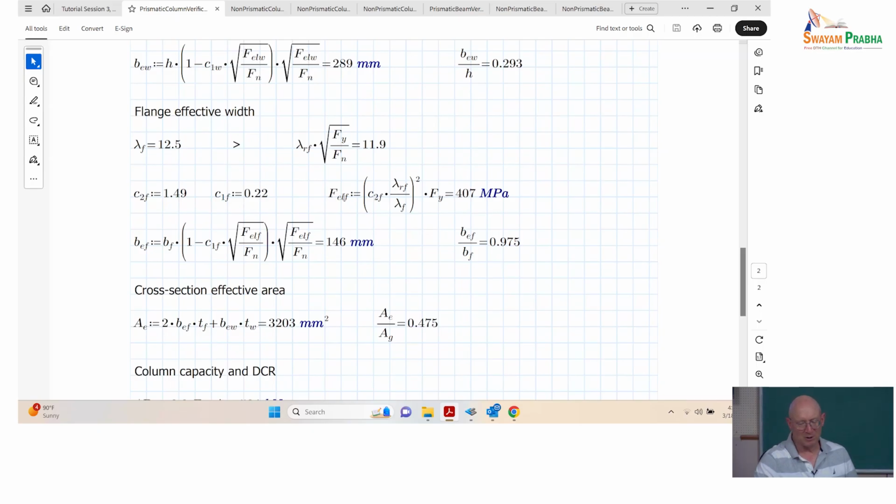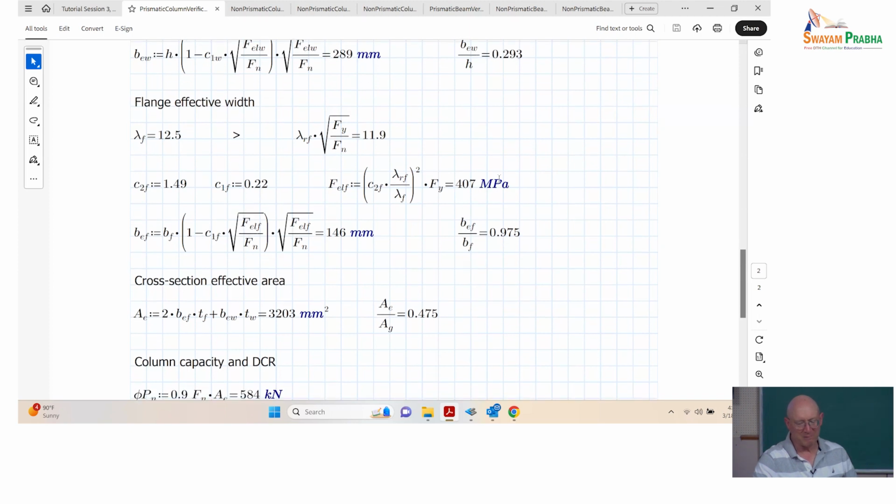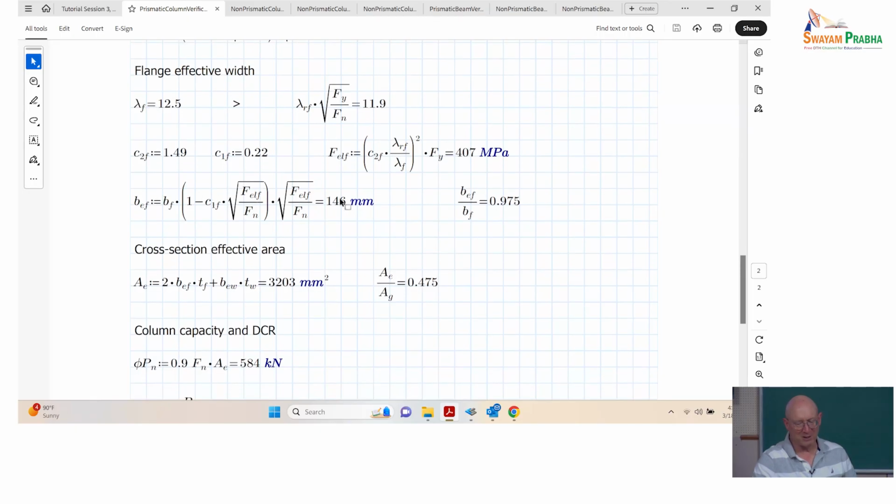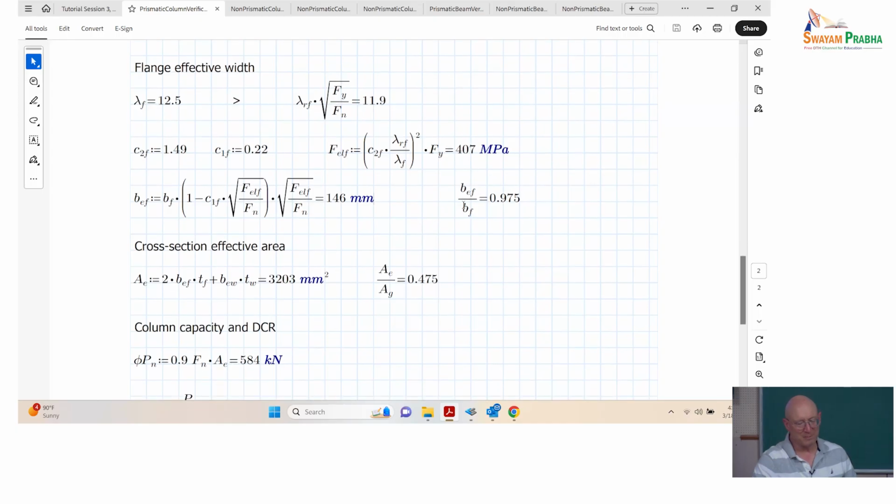Same equation here to get an elastic buckling stress of the flange, the theoretical elastic buckling stress when the flange would bend out of plane in local buckling, 407 megapascals. We bring that into our flange effective width equation, 146. And you see it's just a minor reduction here in terms of the effectiveness of the flanges.